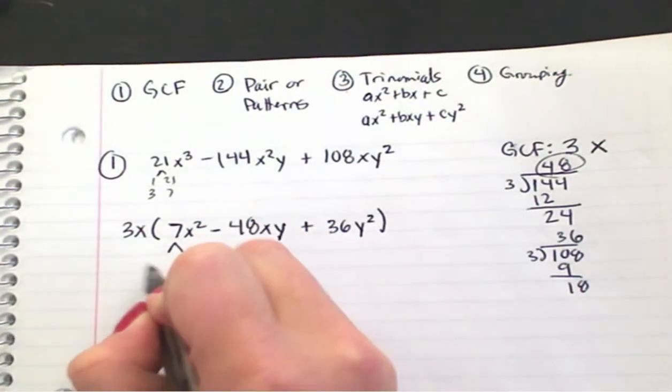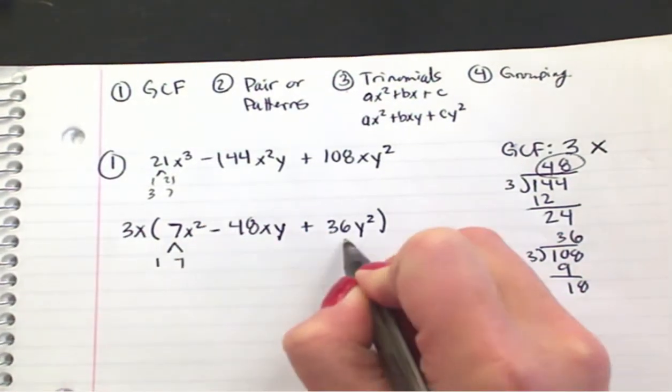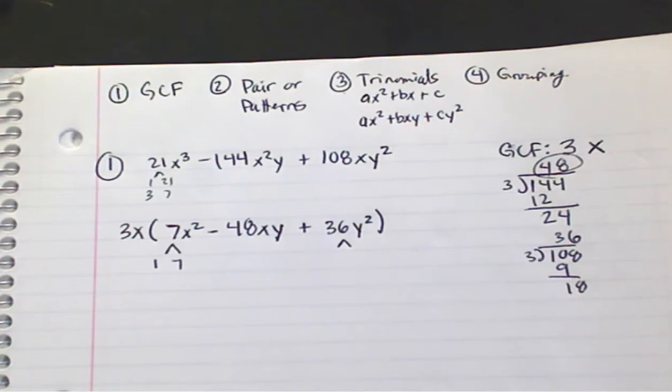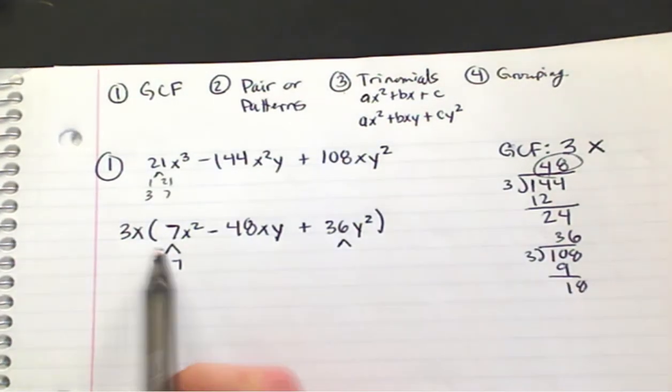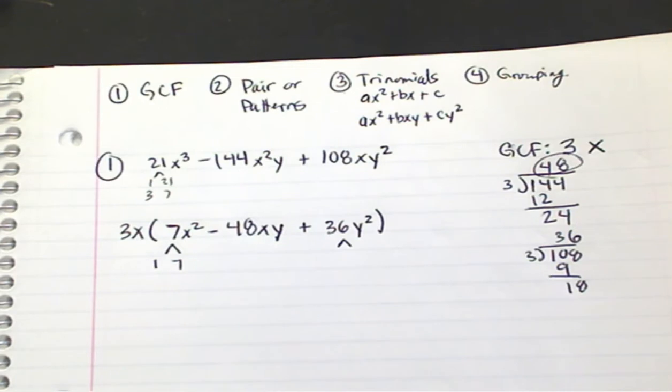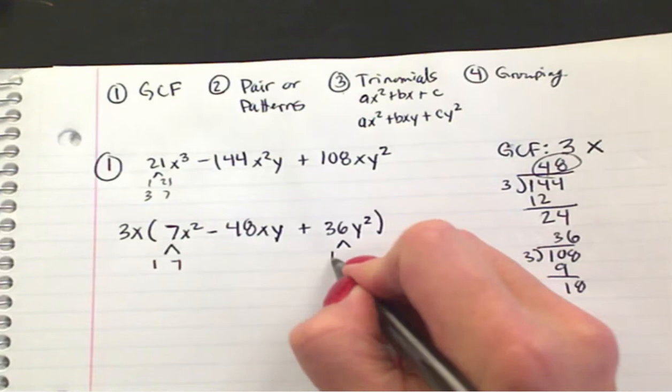I'm going to do guess and check. I'm going to write down my possible numbers to multiply to the first term and multiply to the last term. 7 is nice because it's prime. 36, not as much, but I'm still going to do it.